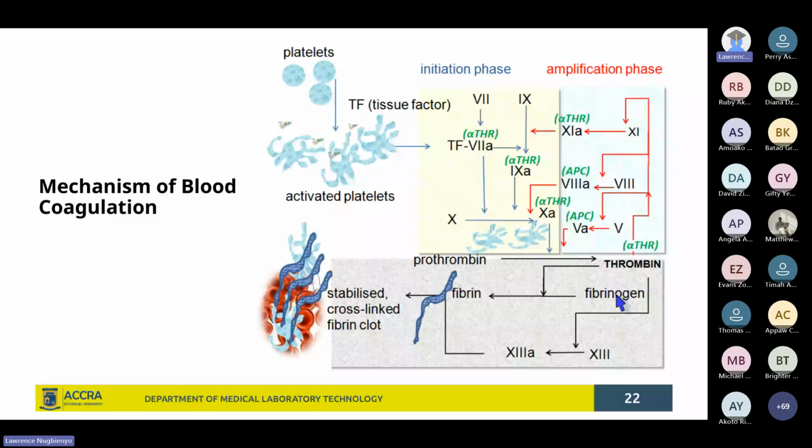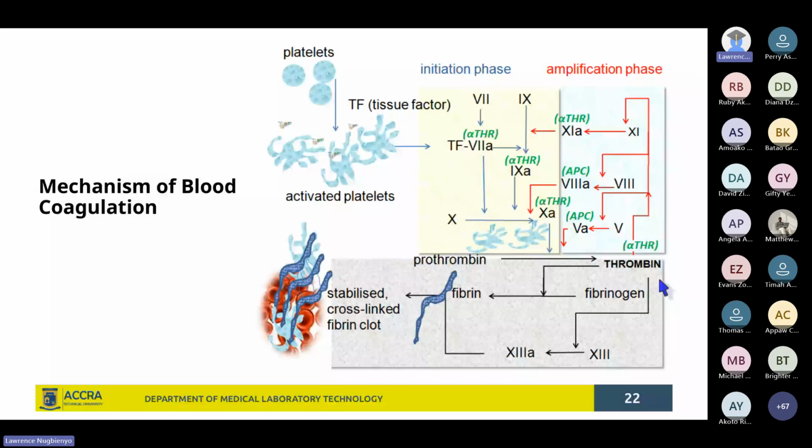And it is that fibrin that forms a mesh to trap blood cells, red blood cells. So this fibrin forms some cross linkage, and once it traps the blood cells, you then will have a clotting of the blood to prevent any further bleeding.